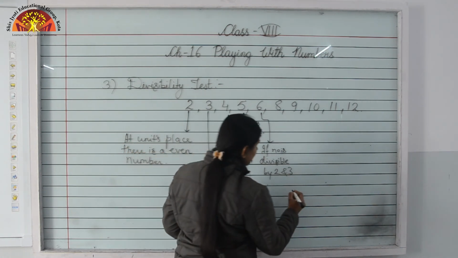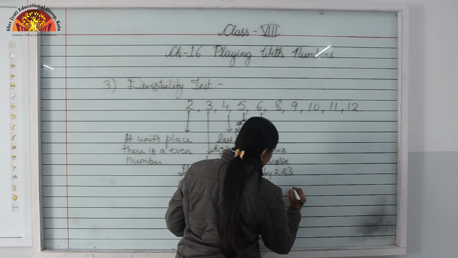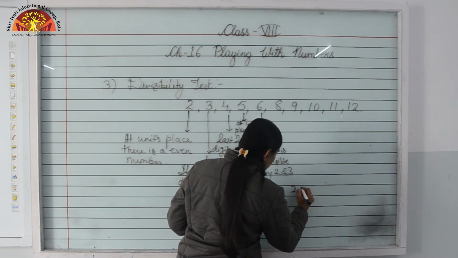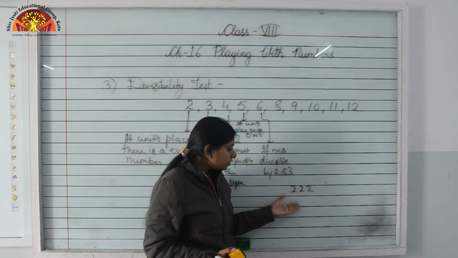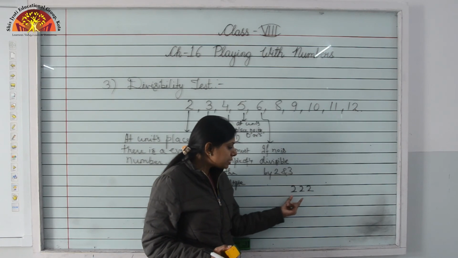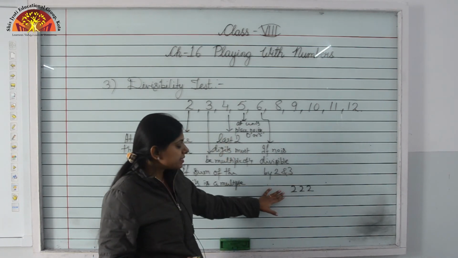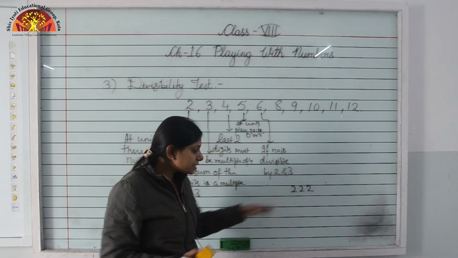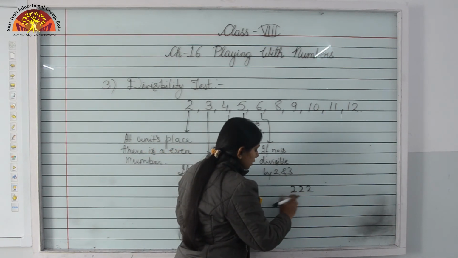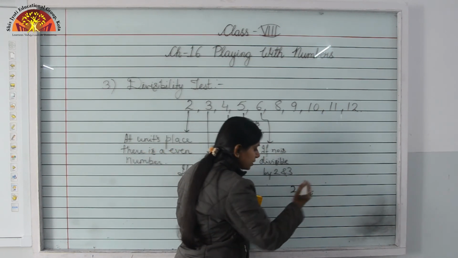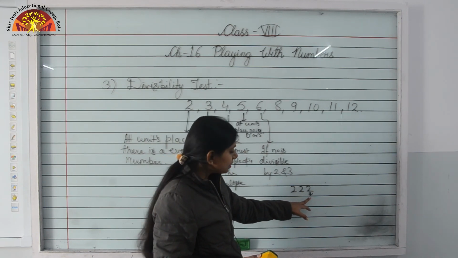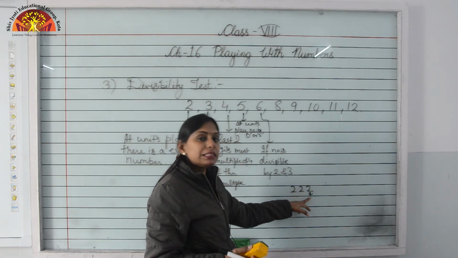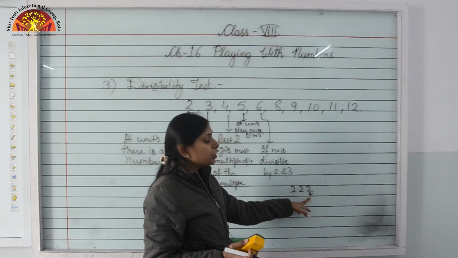Suppose I write the number 222. I have to test whether this particular number is divisible by 6 or not. So how to test it? First we will test the divisibility of 2. You can see that at ones place the number is an even number. That means it is divisible by 2.